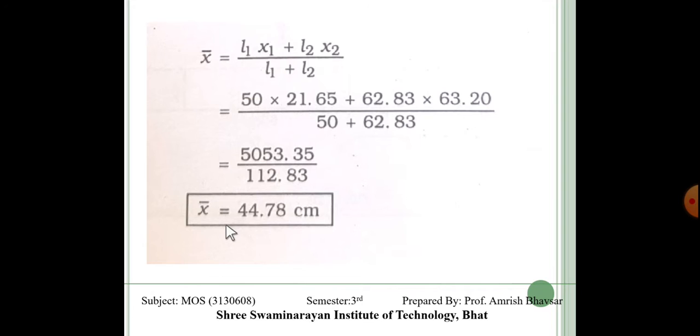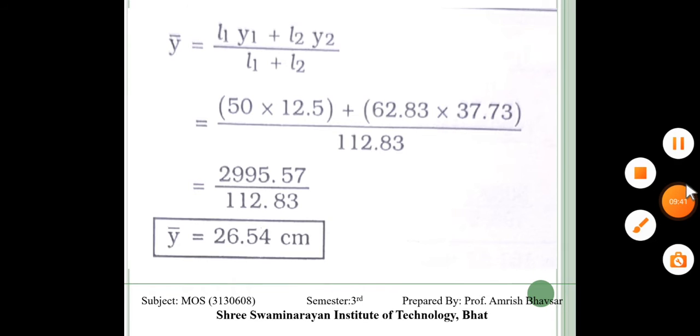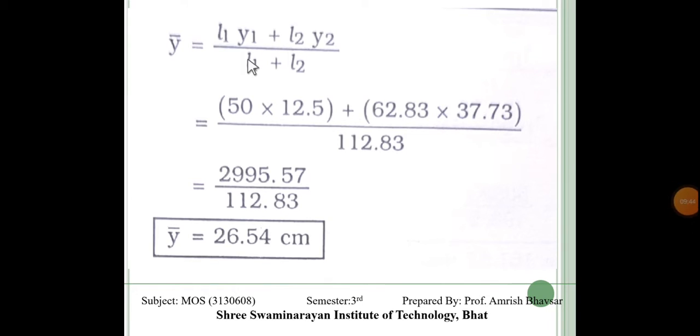So x bar is equal to 44.78 centimeter. Now same way y bar, L1 y1 plus L2 y2 upon L1 plus L2. We have L1 y1, L2 y2, and total length 112.823. So we will get y bar is equal to 26.54 centimeter.